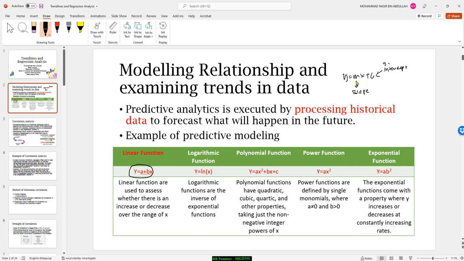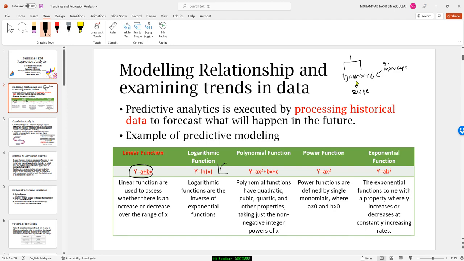So this is going to be a linear function that is used to assess whether there is an increasing or decreasing trend in the range of x. So I can explain the definition for x and y, right? So we will see later what y and x mean. The other functions we will ignore, but you need to understand that these other functions exist. We have the logarithmic function, which looks like this or like this, roughly.